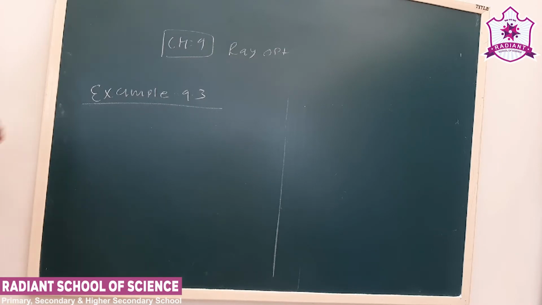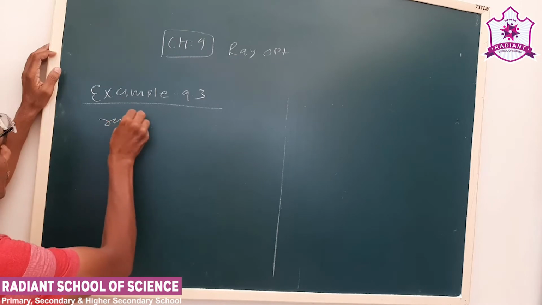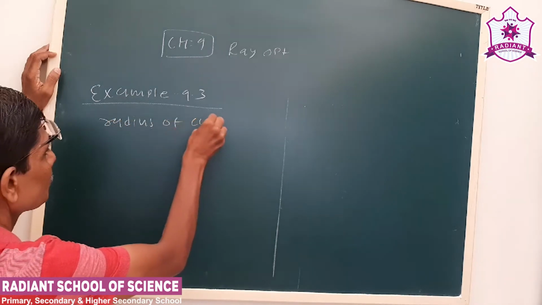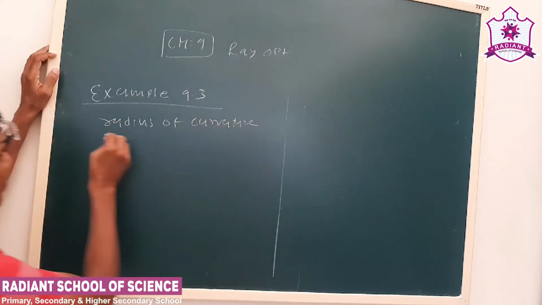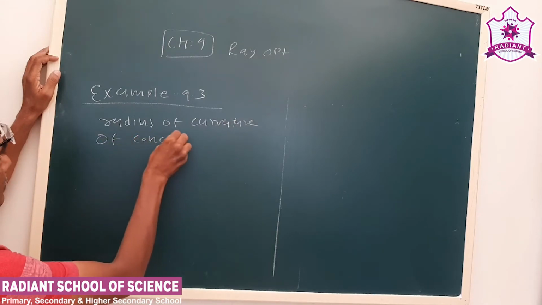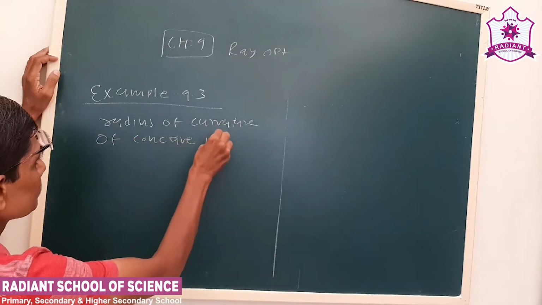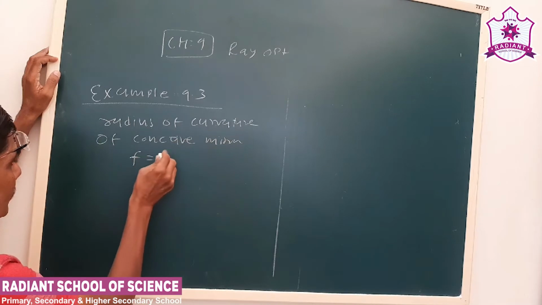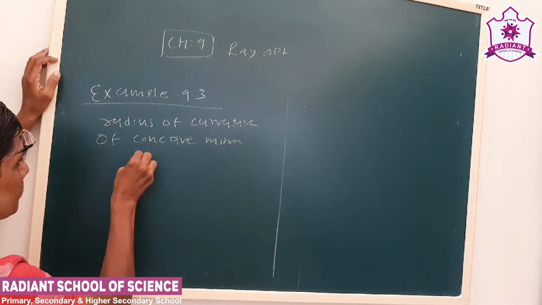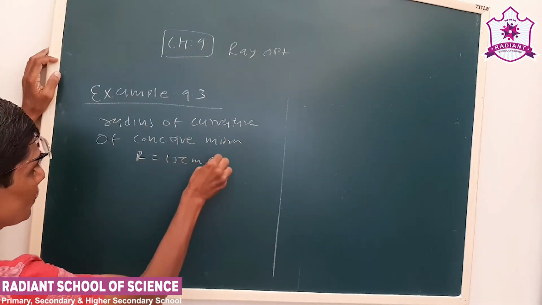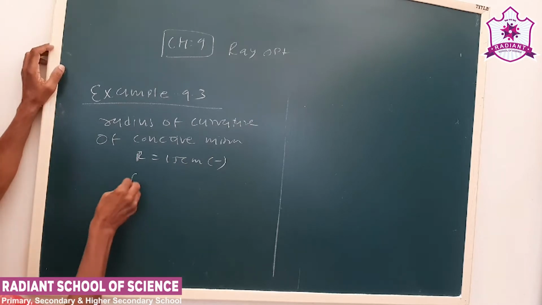Now see, radius of curvature of concave mirror is 15 centimeter. So R will be negative. F will be R by 2.